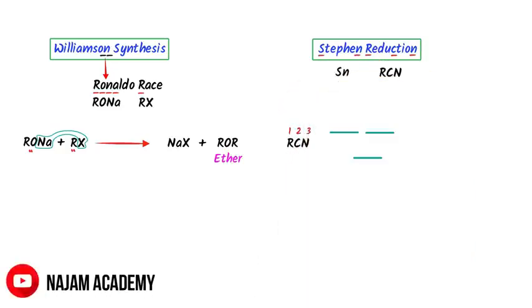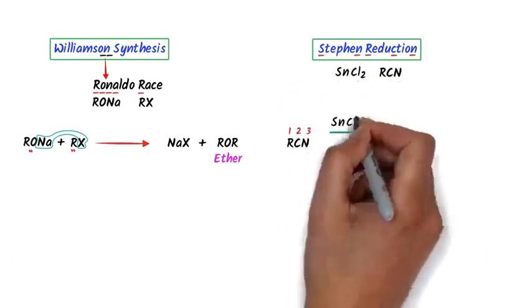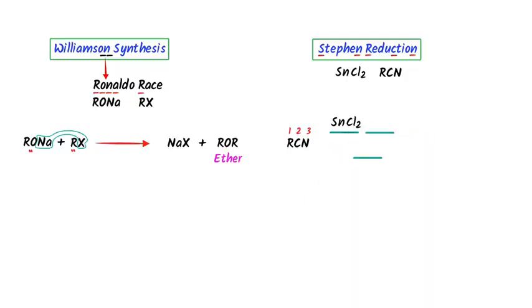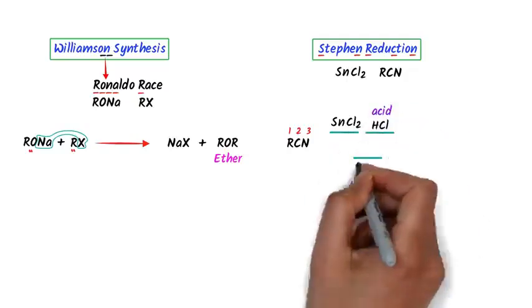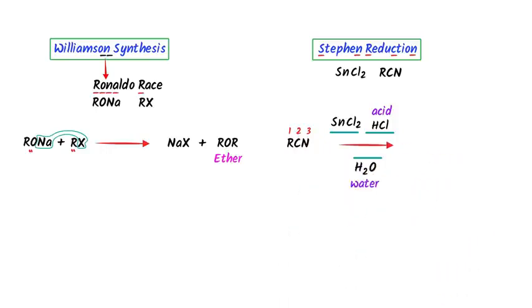It stands for SnCl2 or tin chloride. This dash is for acid like HCl and this dash is for water. These are the reactants of this reaction. I replace this nitrogen by HO of water. I write RC and HO. This is aldehyde. So this is the Stephen reduction reaction.